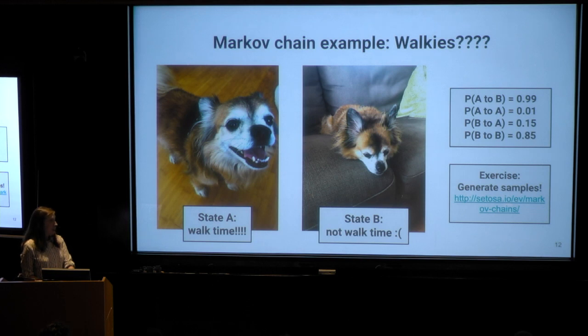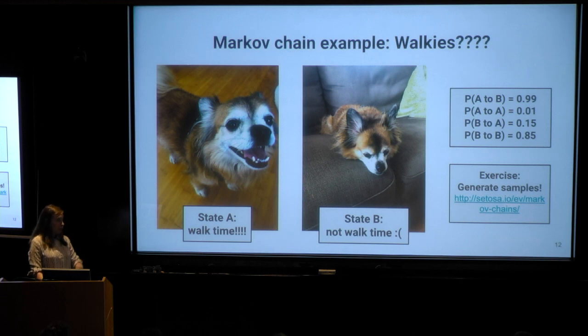So the probability of going from state A to state B is 99%, leaving a 1% probability in very special circumstances that we go on a walk twice in a row. Meanwhile, the probability of going from state B to state A is, let's say, maybe 15% of the time we transition from not going on a walk one hour to going on a walk the next hour. And again, B to B is then 85%.